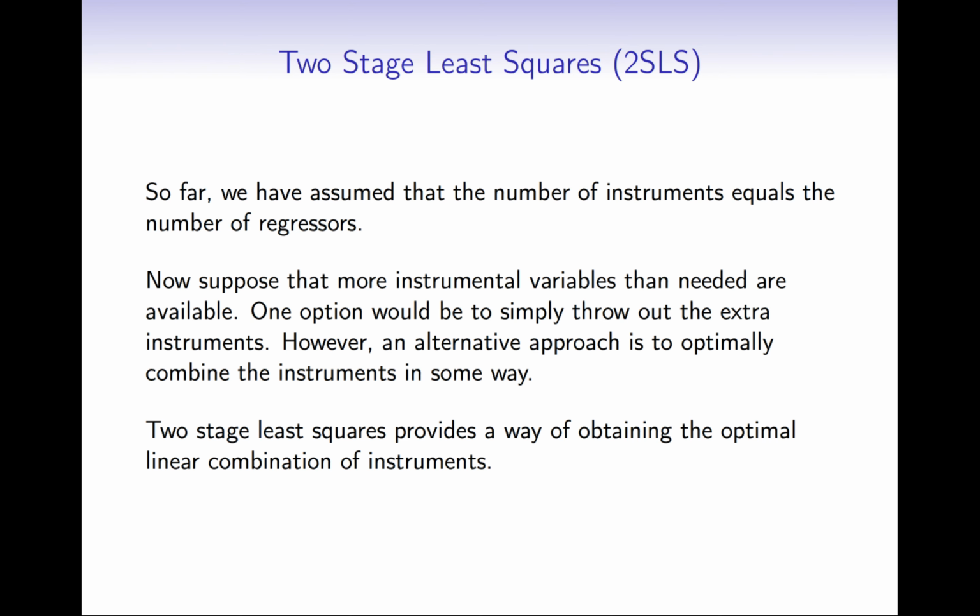Now, the two-stage least squares estimator, this is something that you could use if your number of instruments exceeds the number of endogenous regressors. So you basically have extra instruments.